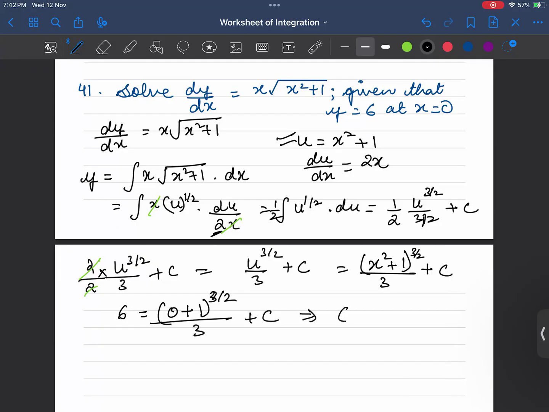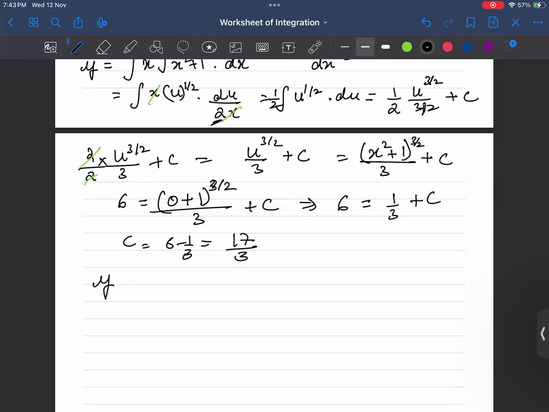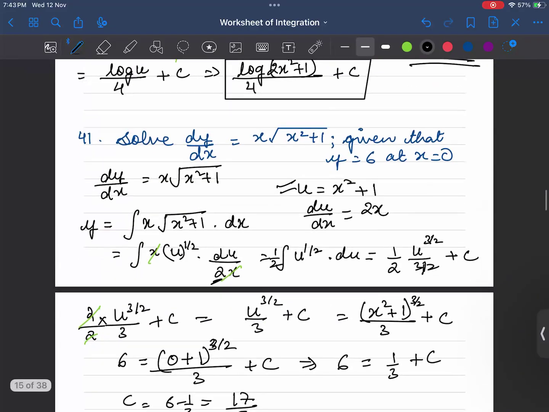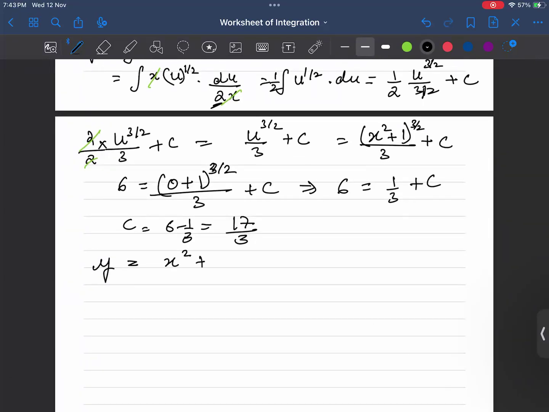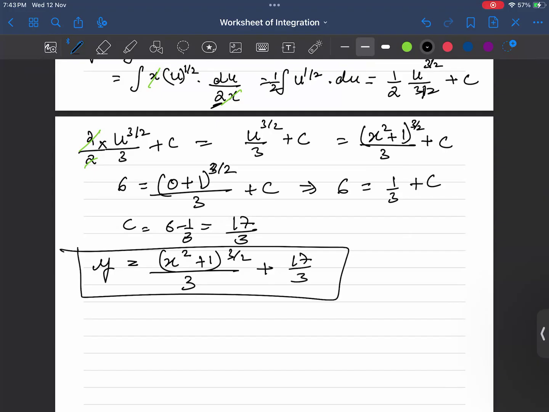It would be 6 equals 1 upon 3 plus c. I can say c equals 6 minus 1 upon 3, which is 17 upon 3. So my final y equals x square plus 1 power 3 by 2 upon 3 plus, in place of c, I will write 17 upon 3. I think it's clear and easy also.